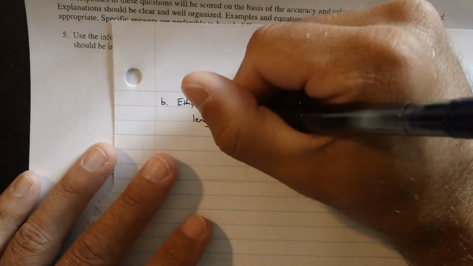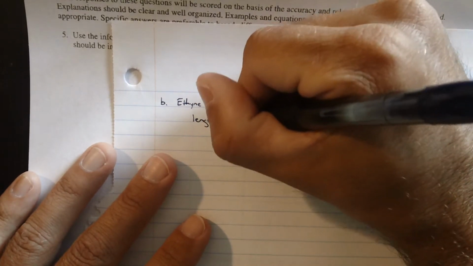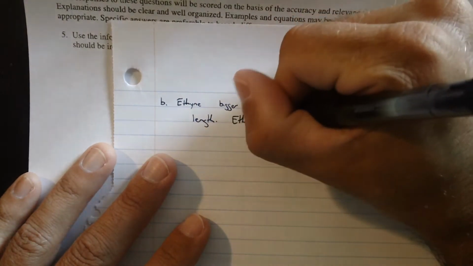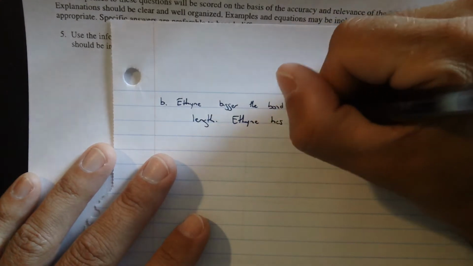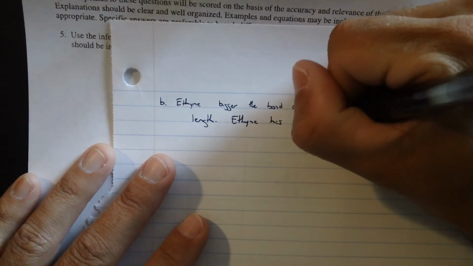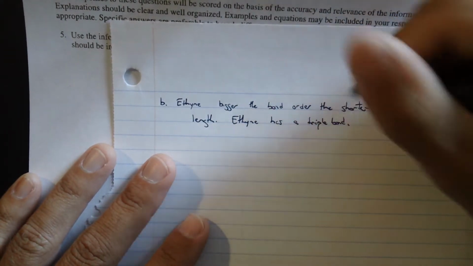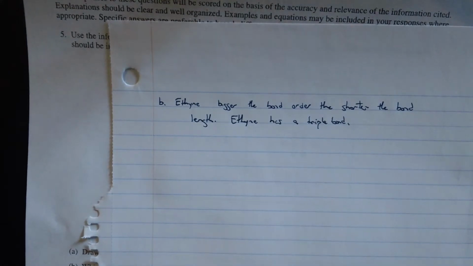And you might as well say ethine has a triple bond, even though you've already drawn it. That's part B.